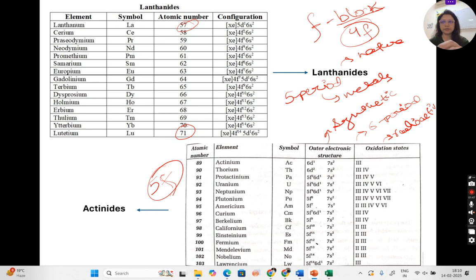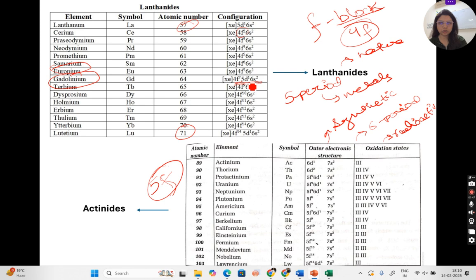In the case of lanthanum, it is 4f0, and from cerium we start with 4f2 directly, and then 4f3, 4f4, 5, 6, and so on. Europium and gadolinium both consist of 4f7, because of the stable electronic configuration of half filling of 4f.